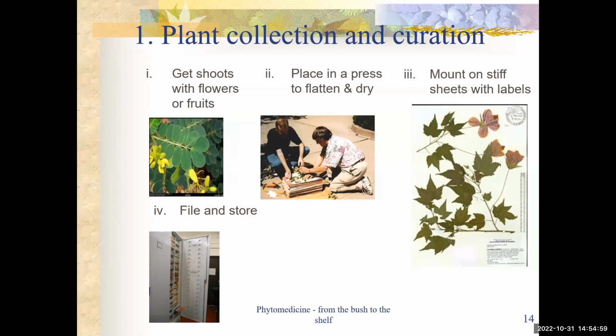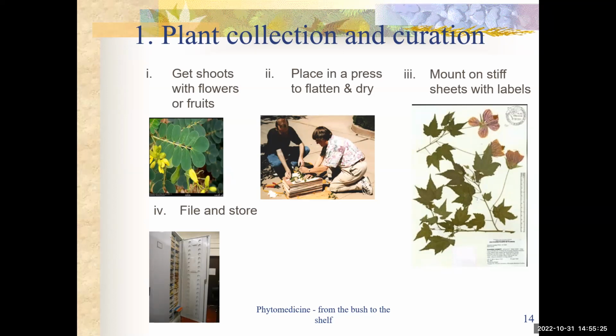Now, once you get your plant, you need to curate it. So you dry it and you press it and you place it in a press. You're going to see some of those presses here. And so we normally put them there in order to dry the material and to make sure it is flat so that we can mount it on sheets of paper.